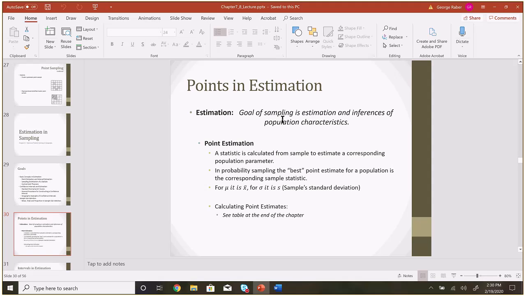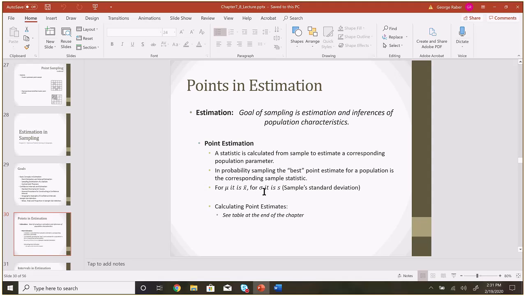When I say real mean, I mean the population mean. What's the population proportion? What's the population total? All based on only having a sample. Okay. And as I said, the best point estimate for a population mean is the sample mean.